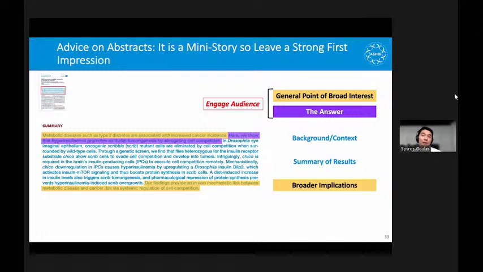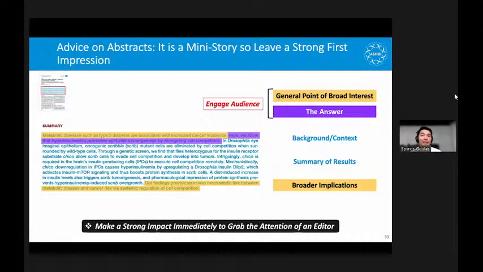If you remember how a good story steers the emotions and the interest of a reader, it achieves this by immediately stating the points that have the highest impact in the study.